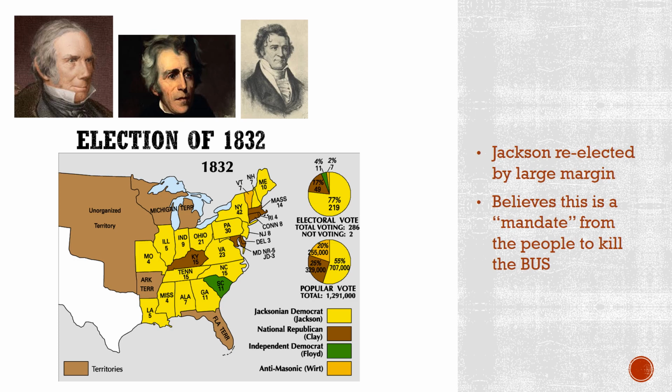I mean, why else would they have reelected him by such a healthy margin if they didn't agree with his views? So President Jackson is going to take his victory in the election of 1832 as a sign that the people also hate the Bank of the United States and that they want it to die.